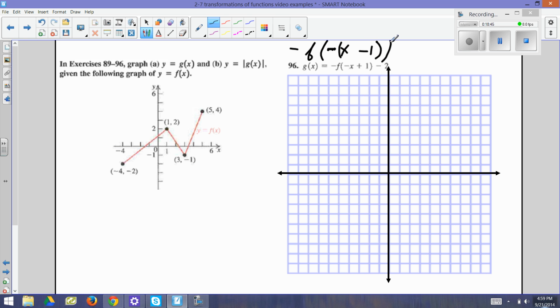Can you see that this is negative x plus 1, minus 2? Okay, it's a 2 there. So let's see what that function does. I guess I need some bigger parentheses around it.